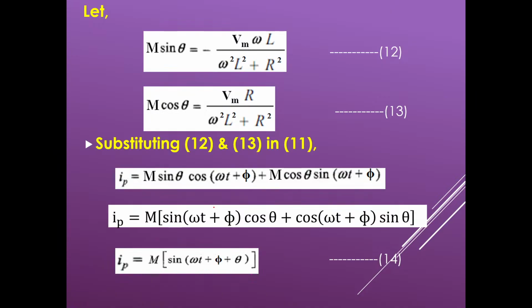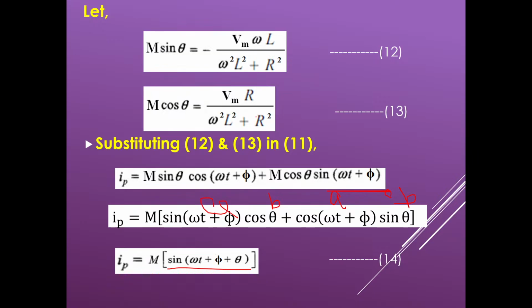So this is looking like sin A cos B plus cos A sin B. So it can be replaced by sin of A plus B. What is the A value? Omega t plus phi. B value is theta.